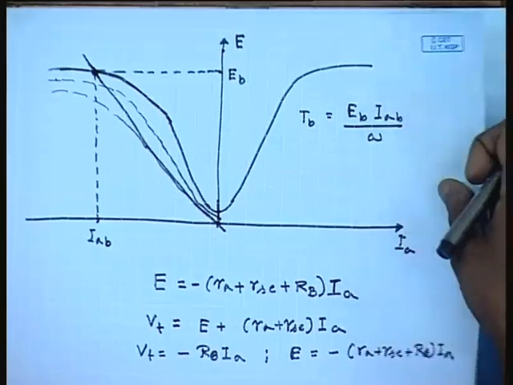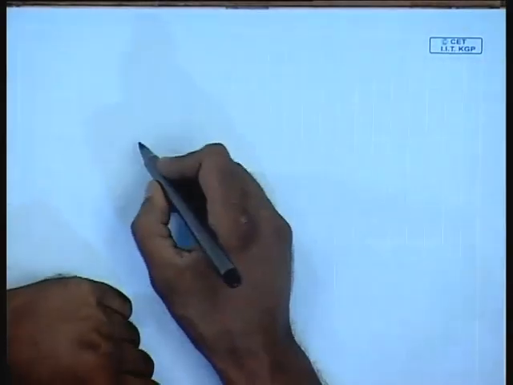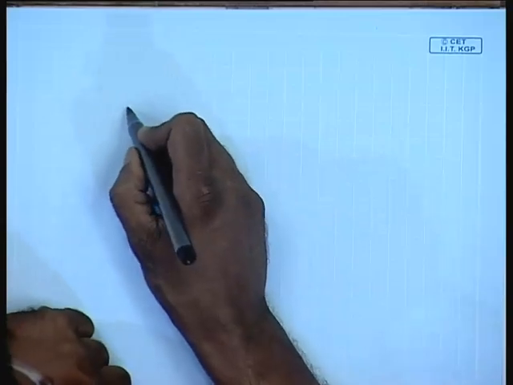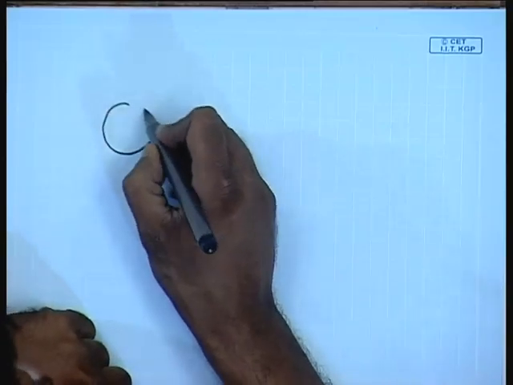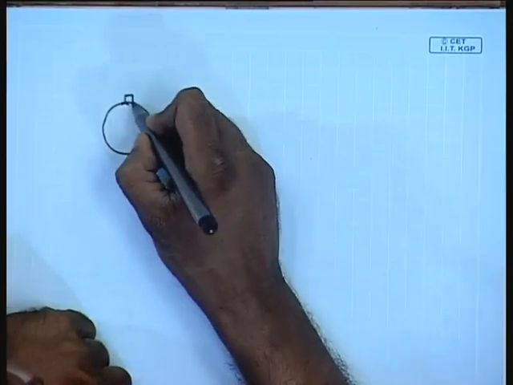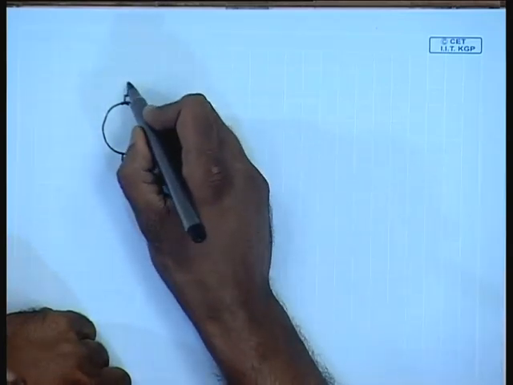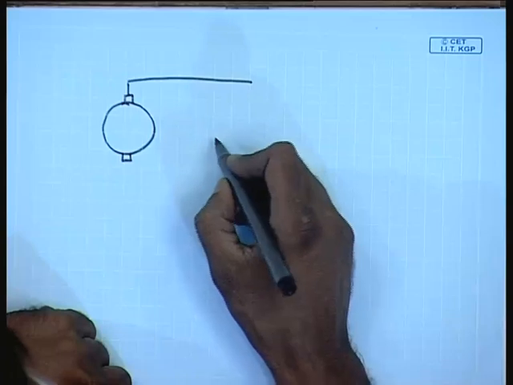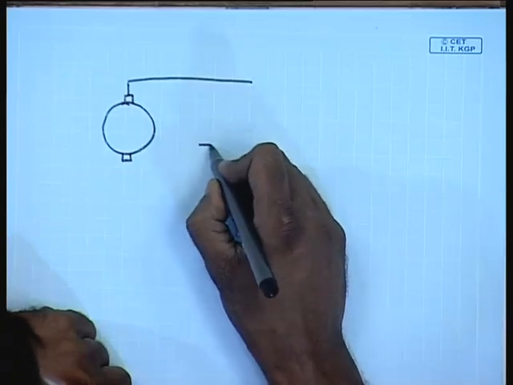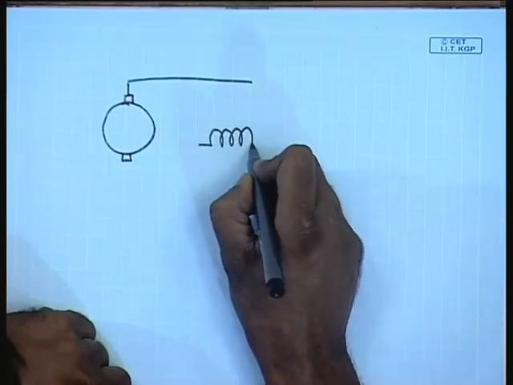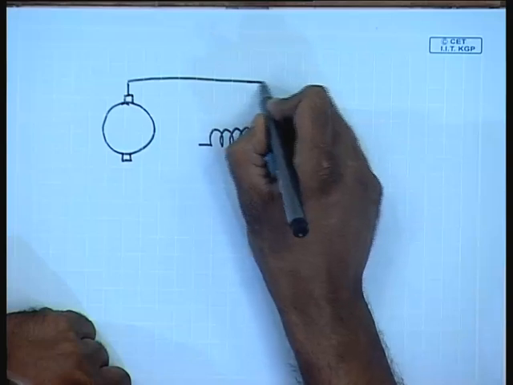But before that, let us see how we can do plugging. Plugging can be done in a similar manner. Here also we need to reverse the connection of the field winding.